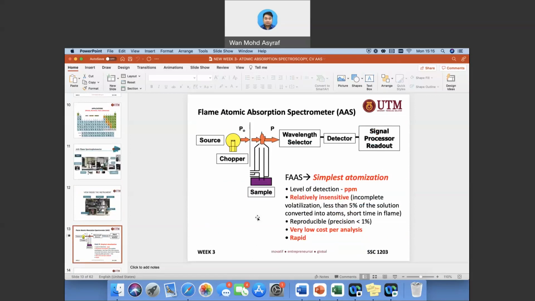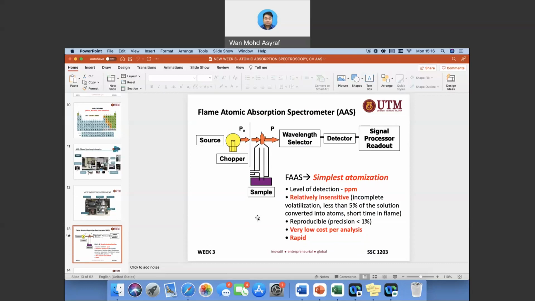Now we are going to look into the detail of flame atomic absorption spectroscopy, flame AAS. Why do we call it flame? There is a reason. Flame AAS is the simplest atomization. The level of detection is at the ppm level, micrograms per liter.